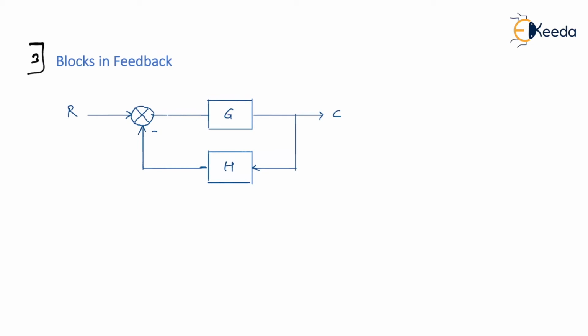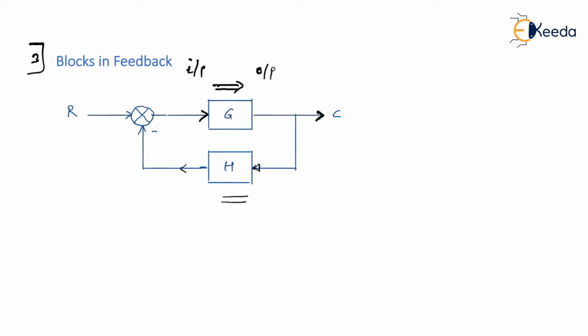Generally students have confusion between blocks connected in parallel and blocks connected in feedback because they look quite similar, but by observation you will see they are not similar. Now look at the direction of G. It is going from input to output. And look at H, this is input and this is output.